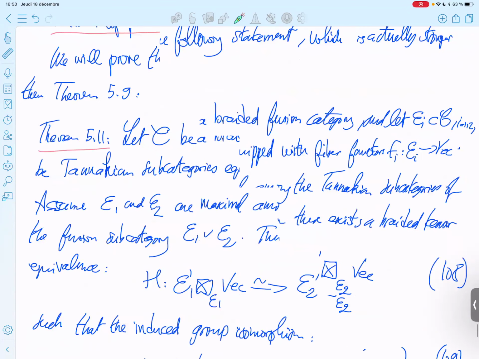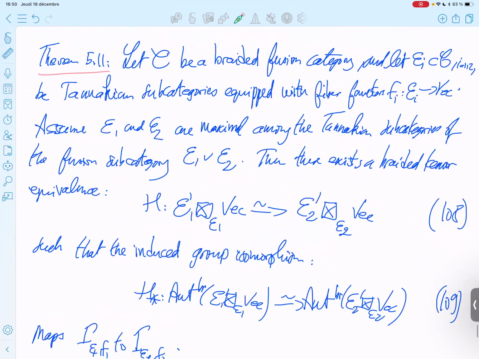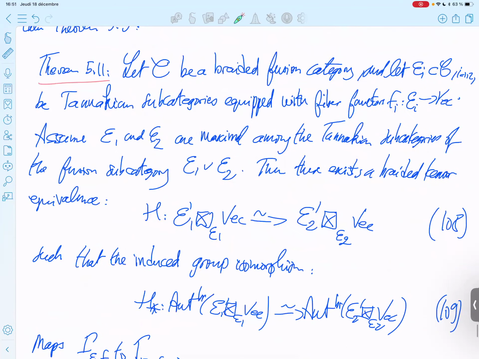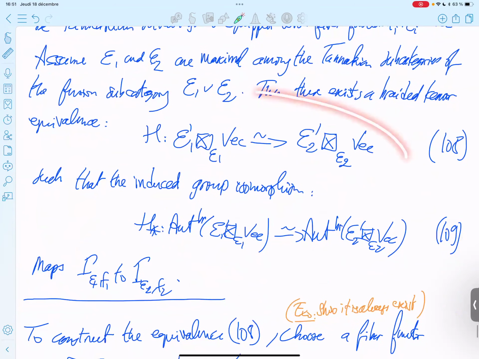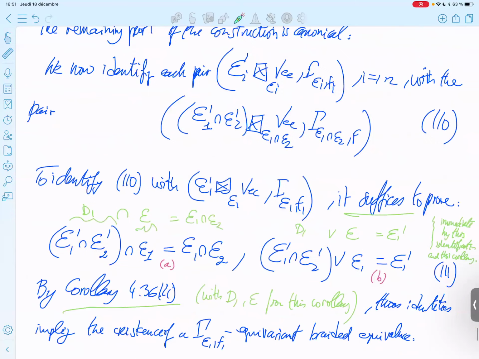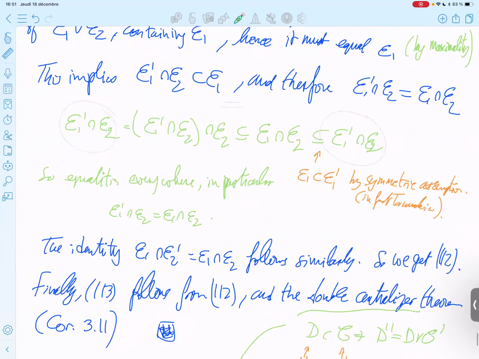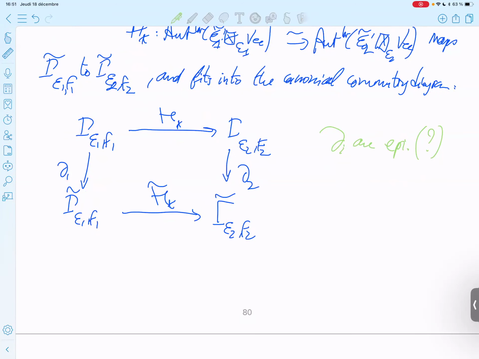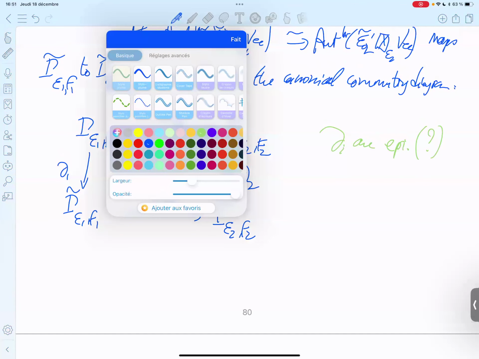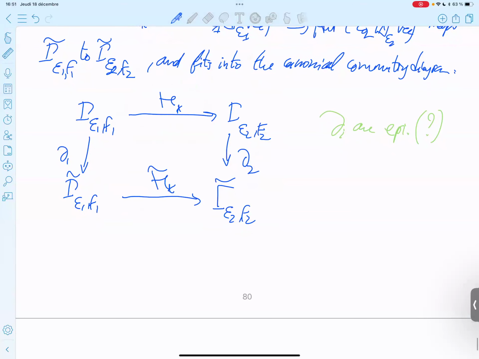Yeah, in fact, in theorem 5.11, you don't speak about core. You just explicitly write this equivalence. Anyway. Yes, the motivation is missing for this remark.